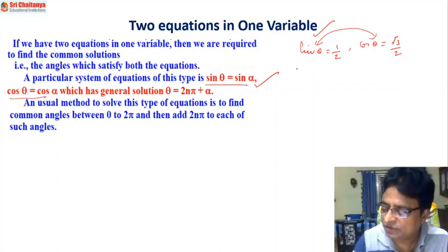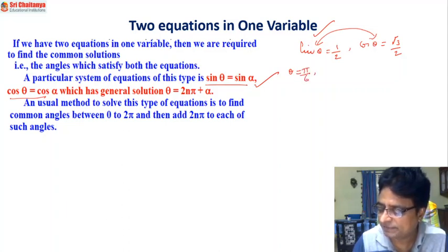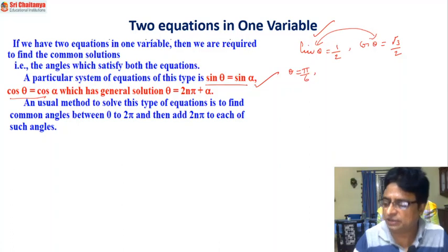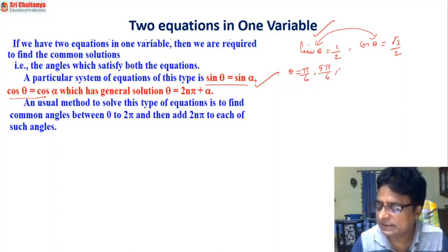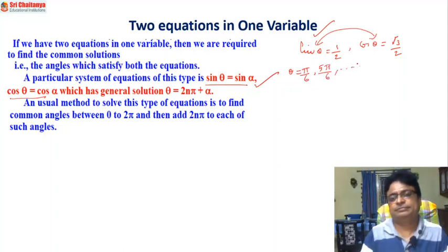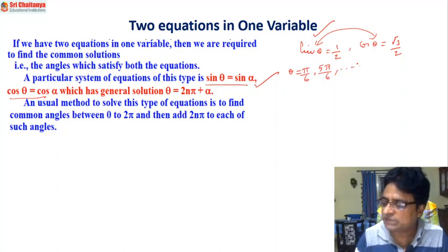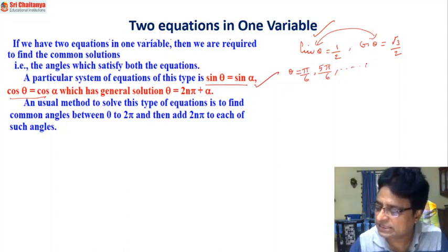For sin theta is equal to half, which angles satisfy? Pi by 6, and next is pi minus pi by 6, that is 5 pi by 6, etc. And coming to cos theta is equal to root 3 by 2, which angles satisfy here?